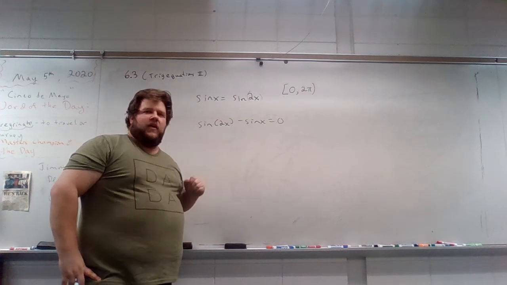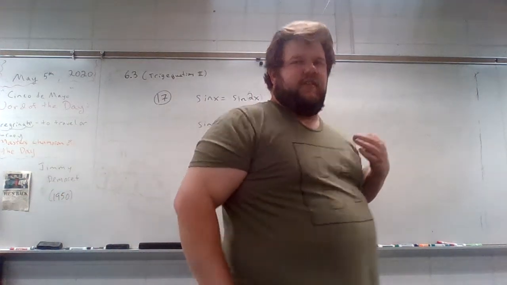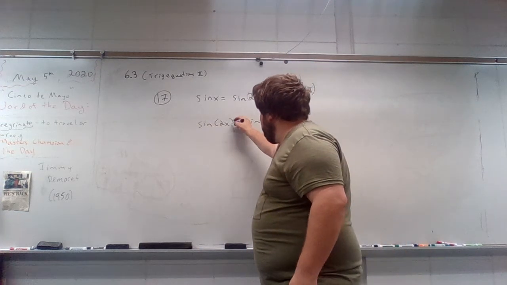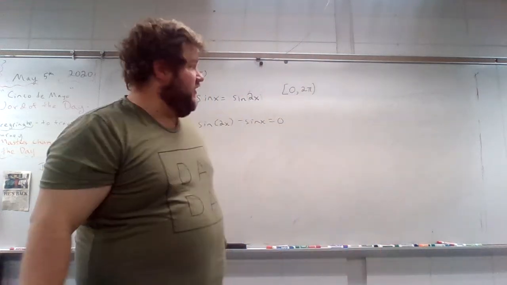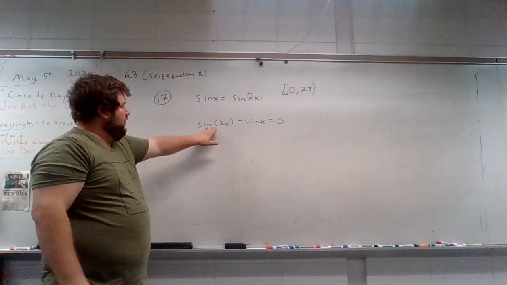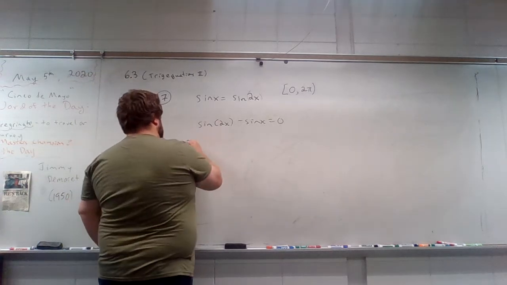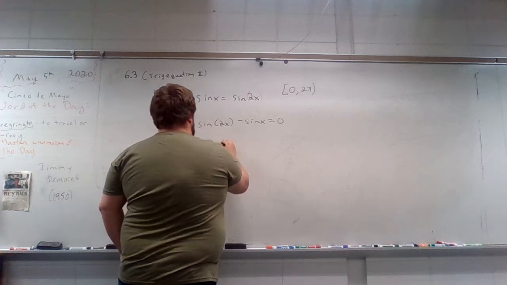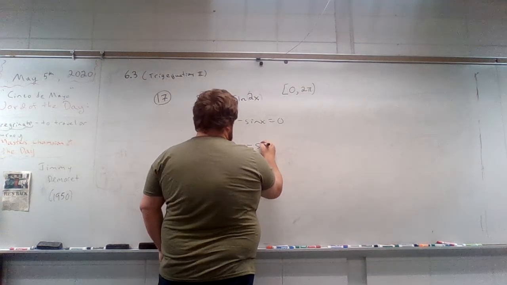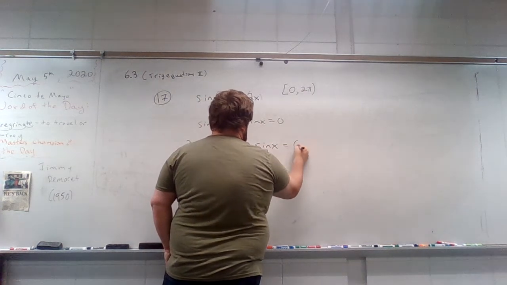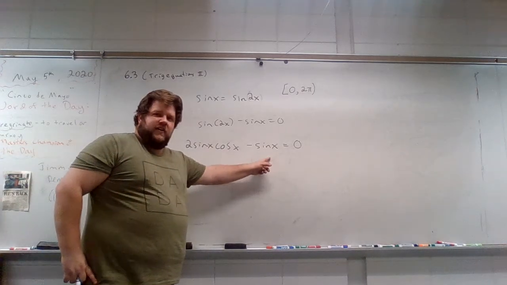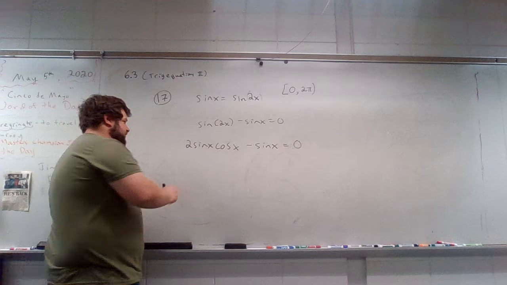So if I got to this point and I didn't know any double angle identities, we would be stuck, right? I would be absolutely stuck at this step. Fortunately, we do know a double angle identity, that this sine of 2x is equal to 2 sine x cosine x. So I want to substitute that in here, 2 sine x cosine x for the sine of 2x. Okay, and then once I make that substitution, now I can factor out my common factor, which is sine x.